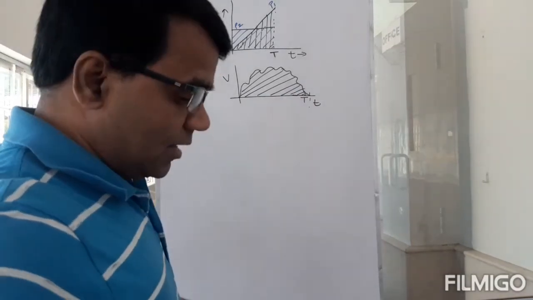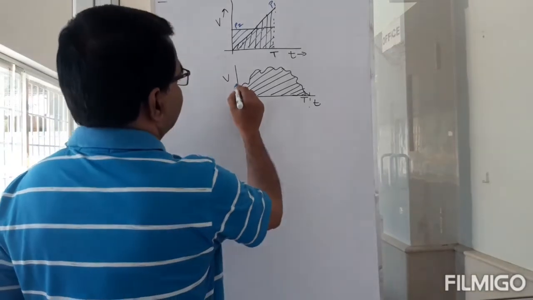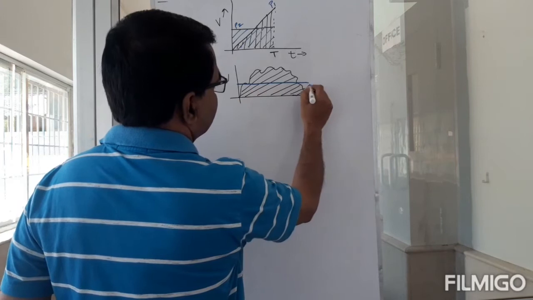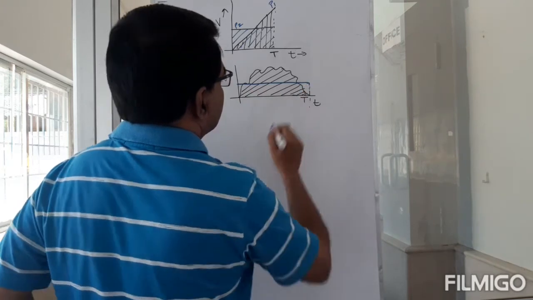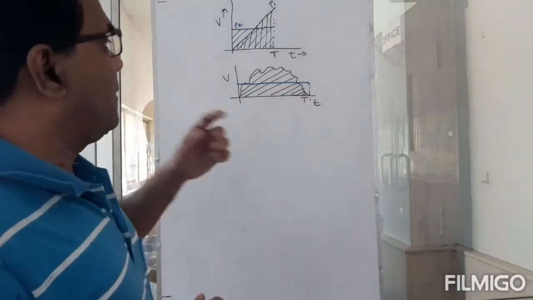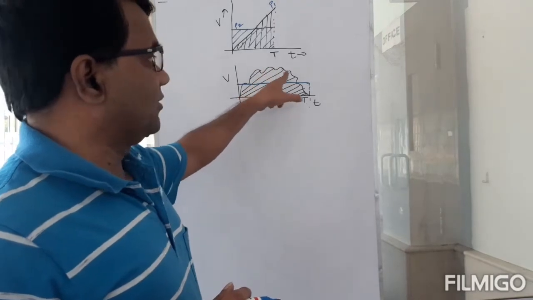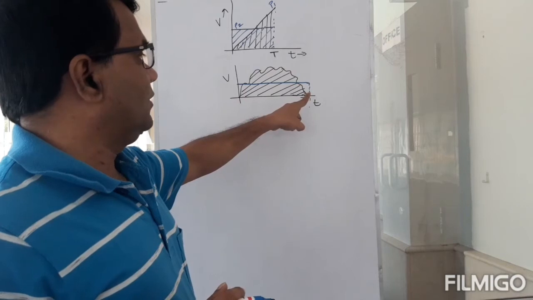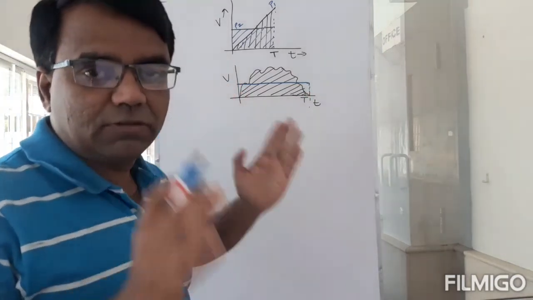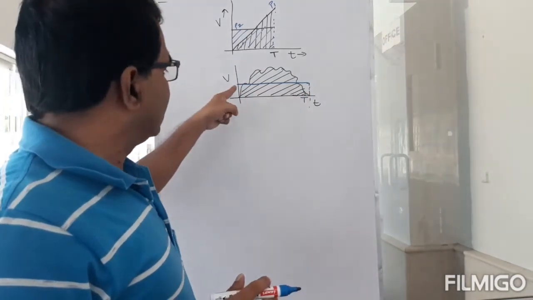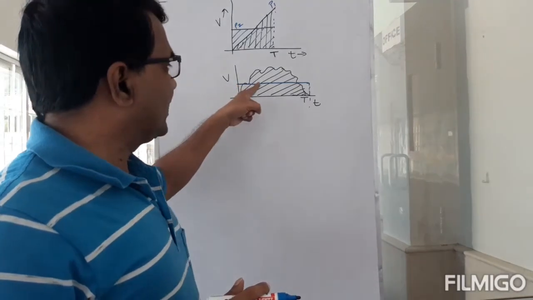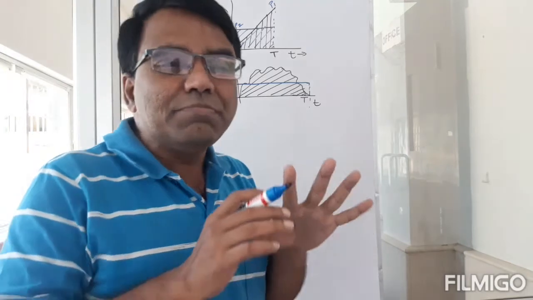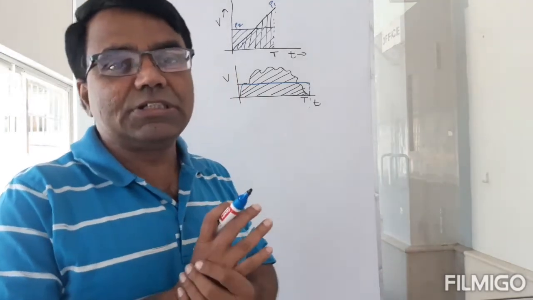So this time I may get a different value. Like this. So this is what has actually happened. The black one is what has actually happened. He is varying the speed all the time. And this is what you have calculated to be the mean speed or the average speed.